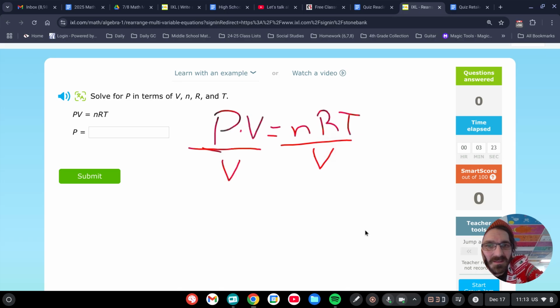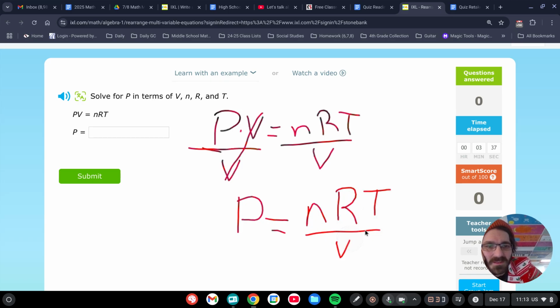And these end up being 1. V over V is just 1, and 1 times P is just P. So we get P by itself, which is exactly what we wanted. N times R times T all over V, and there's really nothing else we can do here. This will be the solution to the problem.